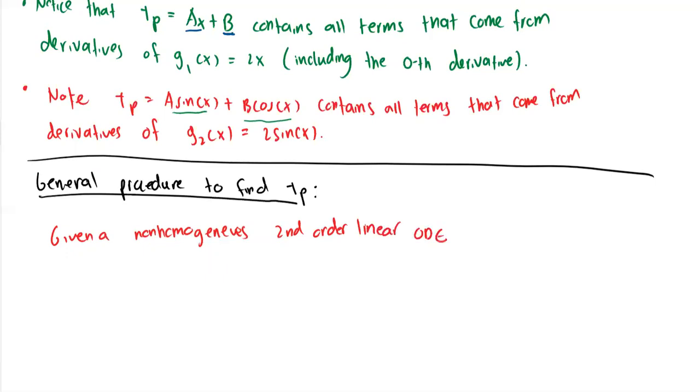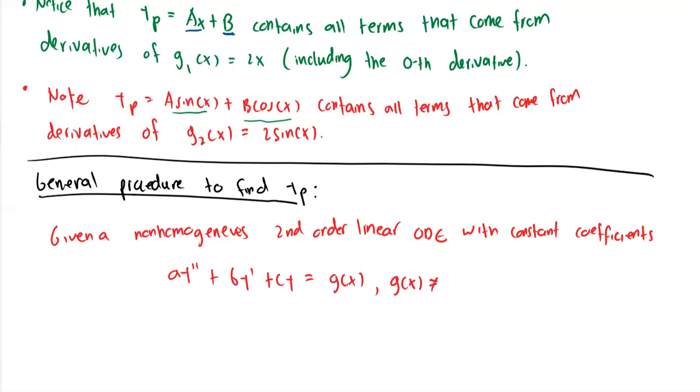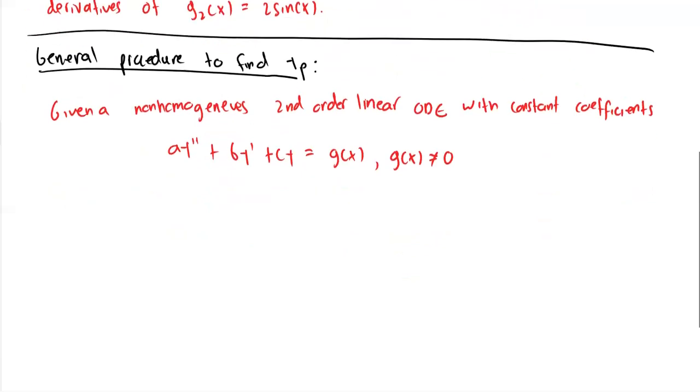And again, we know with constant coefficients. Right, so with constant coefficients, and we know that this looks like ay double prime plus by prime plus cy equals g of x, where g of x is not equal to 0, because if it were, it'd be homogeneous, and we already know how to find the general solution. Right.